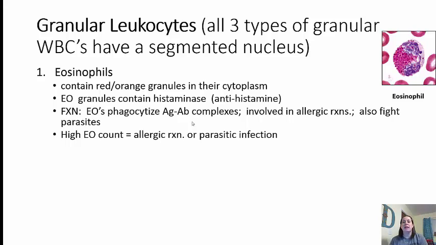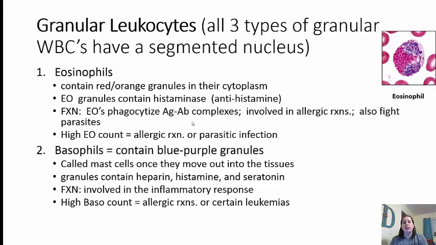When antibodies attach to the antigen, the invader, they create a complex. This is when eosinophils can come in and destroy that complex and get rid of the invader. They are also involved in allergic reactions, and they also are going to be in high number if they're there to fight parasites. High eosinophil counts normally are going to be seen in allergic reactions or parasitic infections.